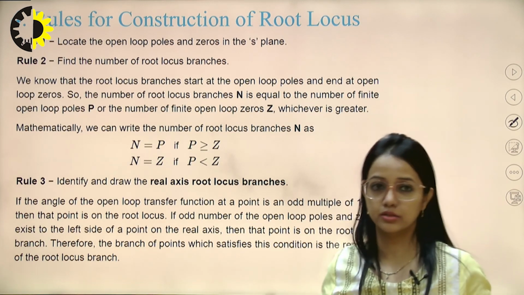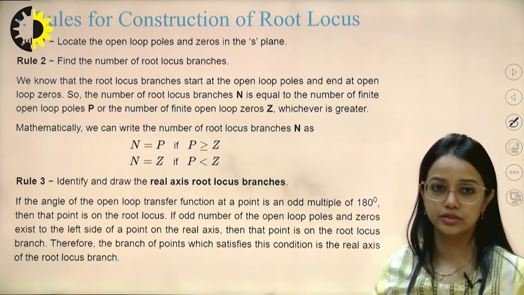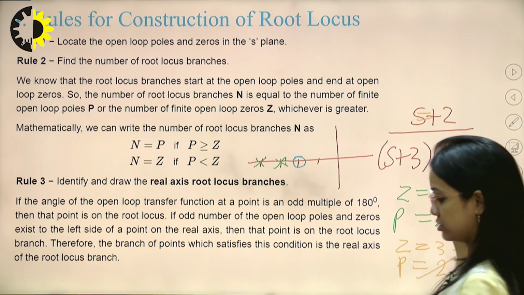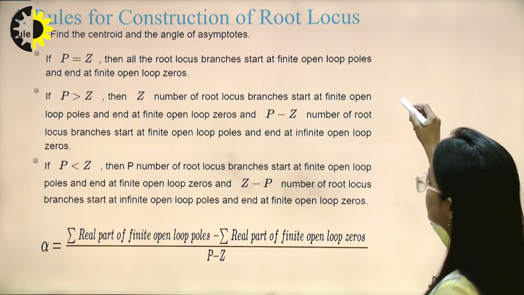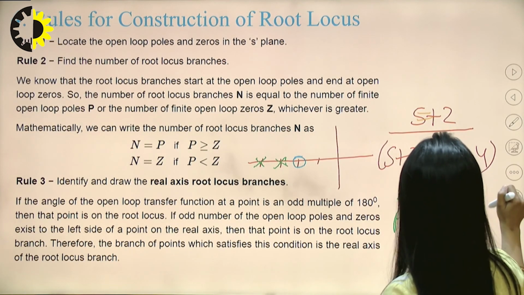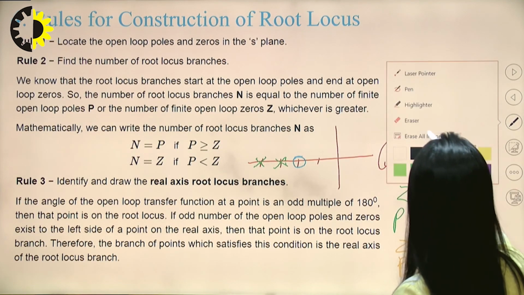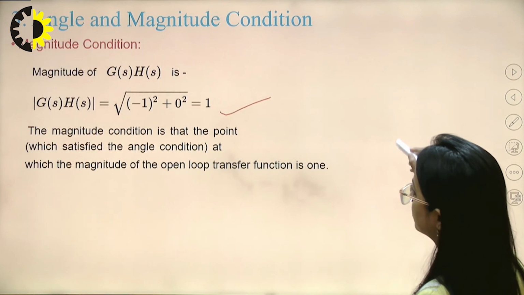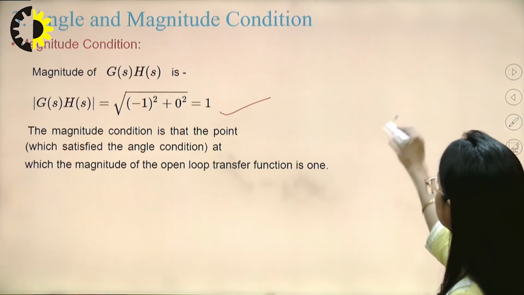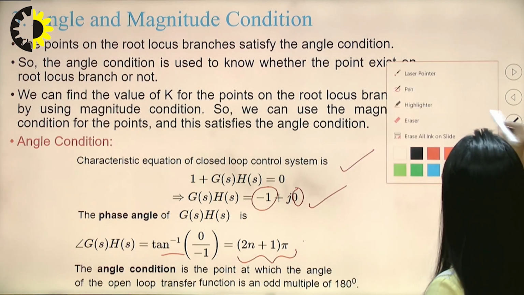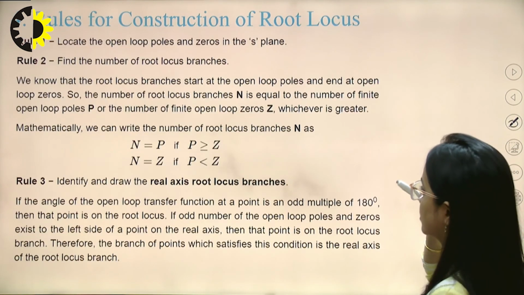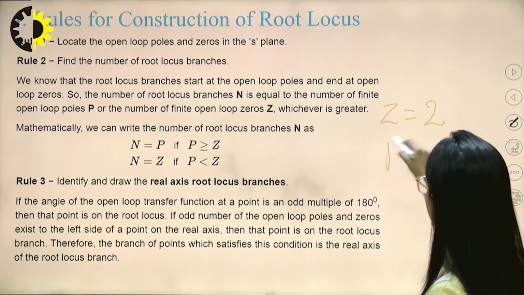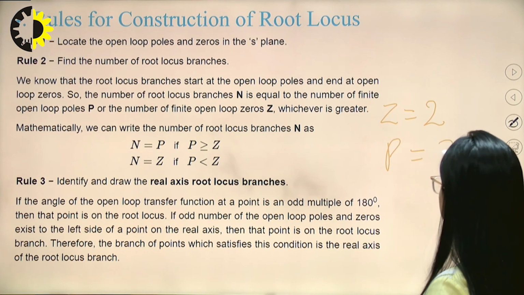is the number of branches. So actually, let's say for any system we have 2 zeros and we have 3 poles.